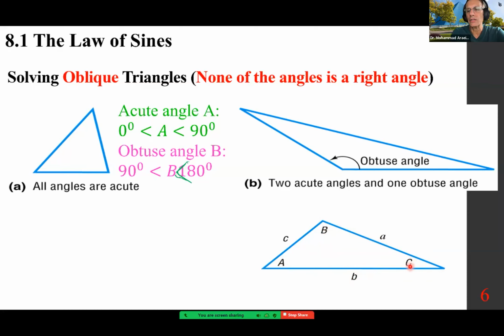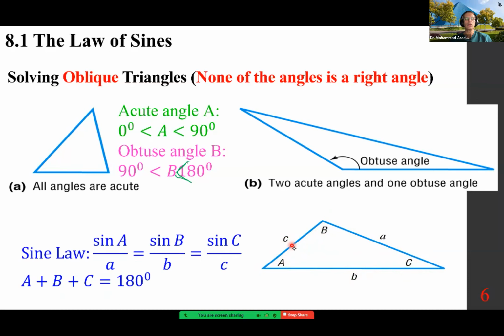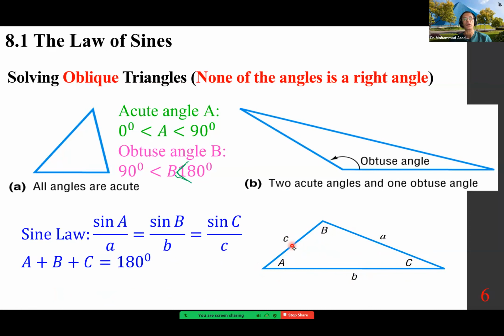And this is vertex C. Opposite that is lowercase c, the length of this side. And here's the sine law, or the law of sines, that says sine A over lowercase a equals sine B over lowercase b, or sine C over lowercase c. And of course, we know that the interior angles are supposed to add up to 180 degrees. Now we are going to look at the proof of that shortly, but that's the general idea, everybody.